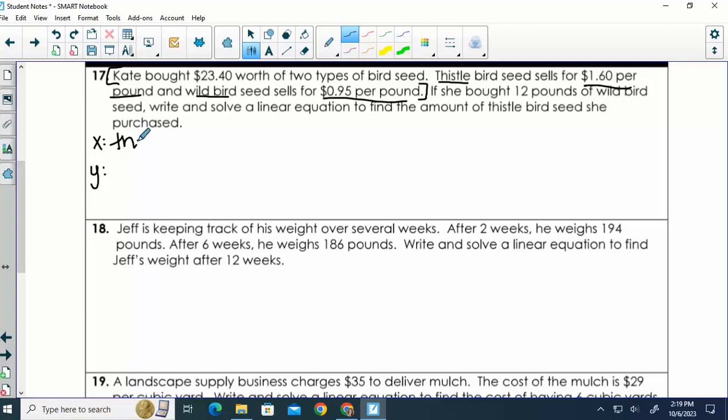So I'm just going to say this is thistle and this is the wild one. If the thistle is $1.60 per pound, then what would I write for that? And this is one of the beginning ones. So you would have to do $1.60 times the number of pounds we bought with the thistle.